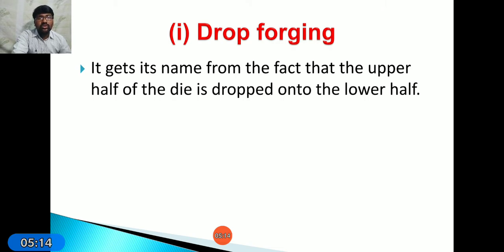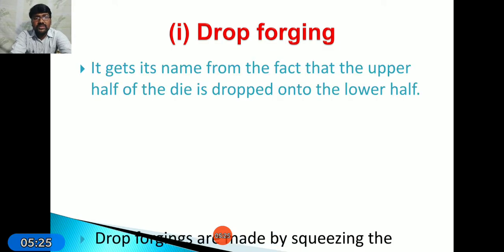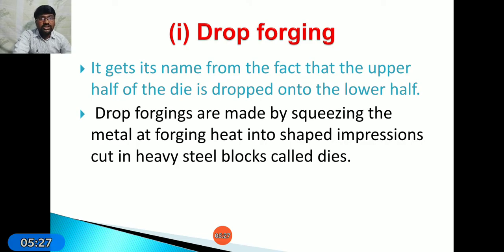After that, we release the upper half of the die from a certain height. Due to the application of force, whatever shape is in the die, the same shape is applied on the workpiece. Next, drop forgings are made by squeezing the metal at forging heat into shape impressions cut in heavy steel blocks called dies. Based on the shape of the die, the object will turn into the same shape as in the die.